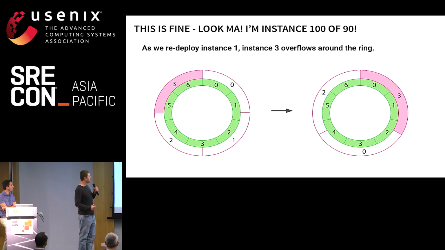So in this specific example, instance 1 was being restarted, so the ring contracted itself, changed its domain, but instance 3 thought, oh, I'm the 4th instance in a set of 3. Wonderful. I will go ahead and take this slot, which happens to clobber all the nodes that instance 0 is assigned to.